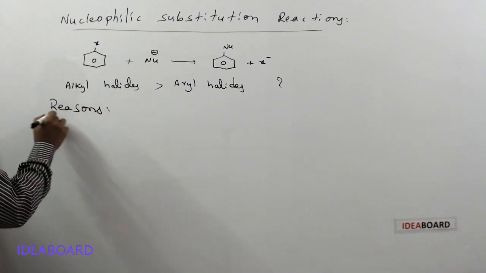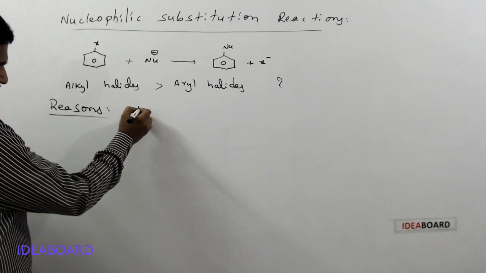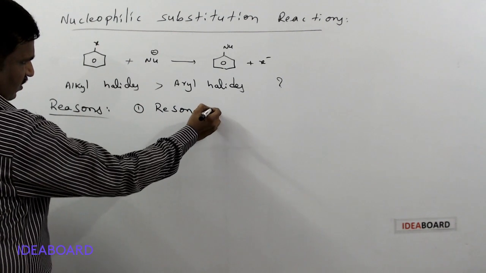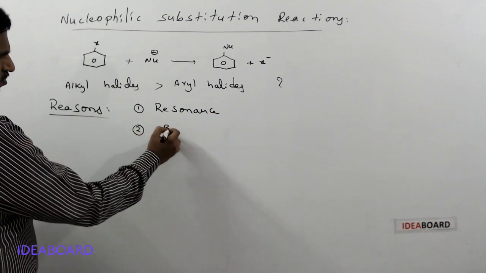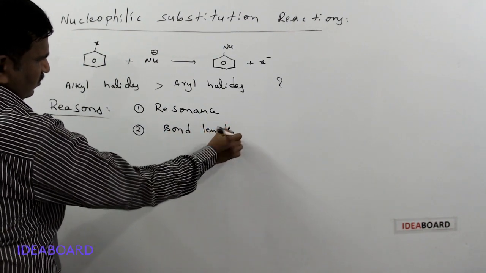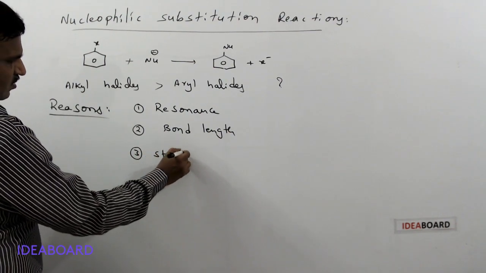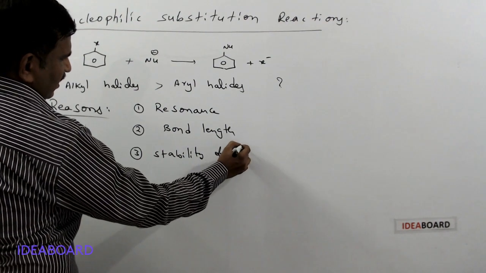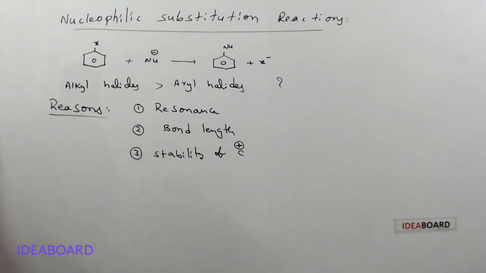The reasons: the first reason is resonance, the second reason is bond length, and the third is the stability of the carbocation formed.